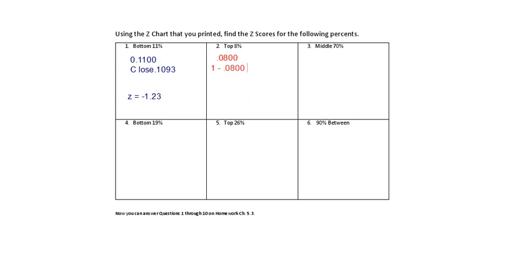And for that, we're going to get 0.9200. All right, you're not going to find 0.9200 on the chart, but the closest you are going to find is 0.9207. And that corresponds to a z-score of 1.41.